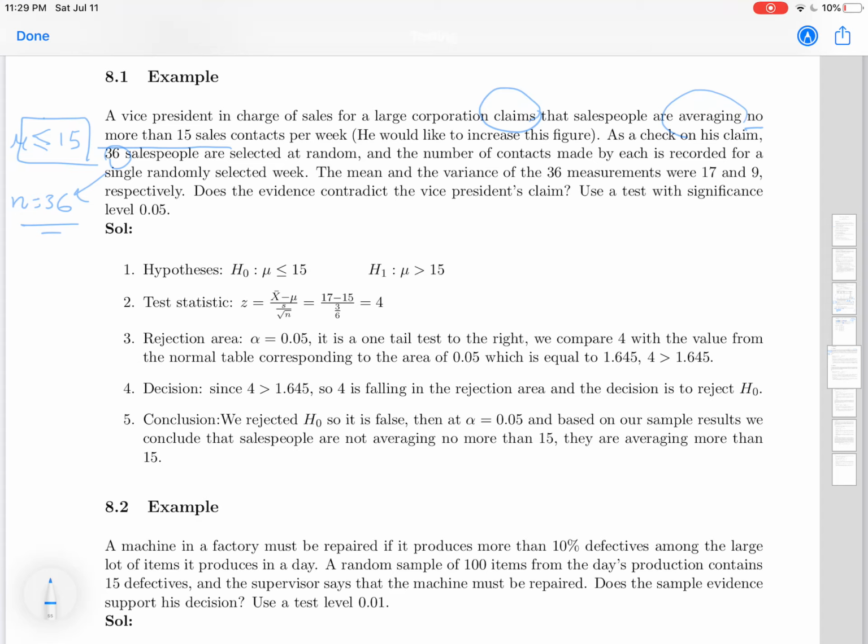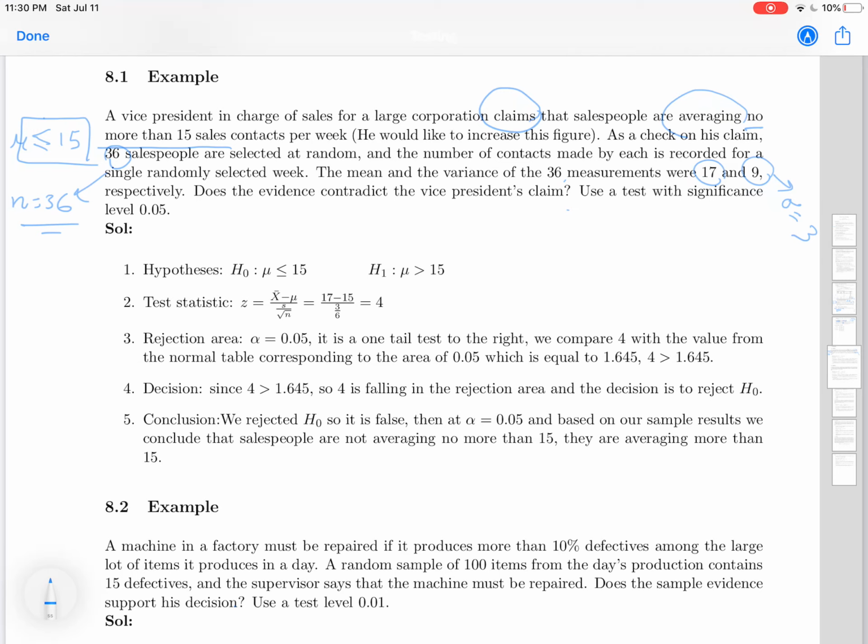So there is a claim given in the question about having an average of less than or equal to 15 sales contacts per week. He would like to increase this figure. As a check on his claim, I have a sample of size 36. So this means there is no need to think about any assumption for the population of this sample.